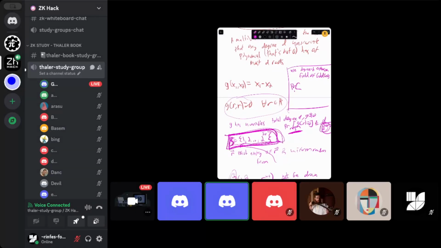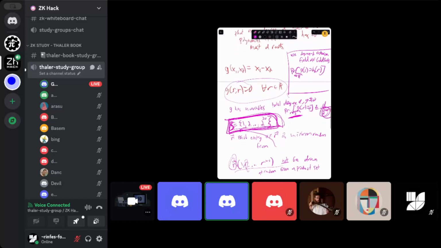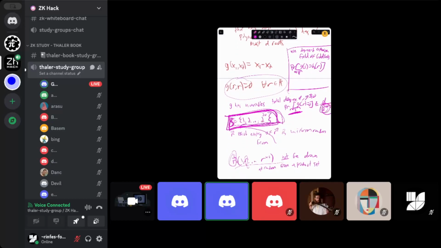If you want to apply something like Schwartz-Zippel, where R is chosen at random from F to the n, and you look at the probability that G of R equals H of R when G and H are not the same polynomial, this is at most the degree of G and H over the size of the field. They'll make sure that the size of this field is like 2 to the 128. Goldilocks itself has size 2 to the 64, but a degree 2 extension of Goldilocks has size 2 to the 128, and then this probability will be cryptographically low.